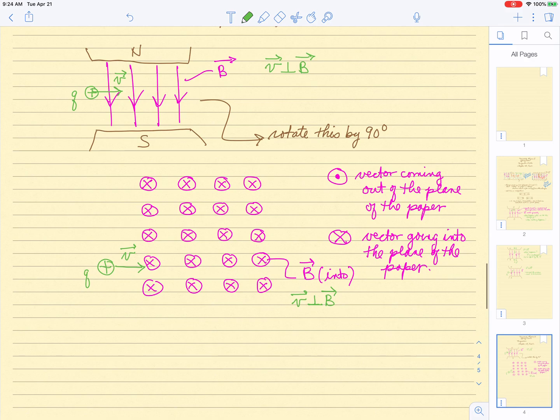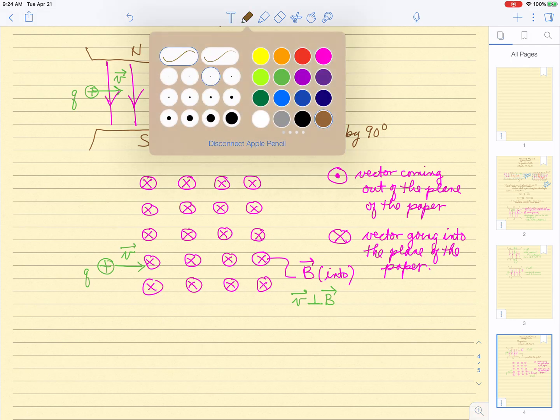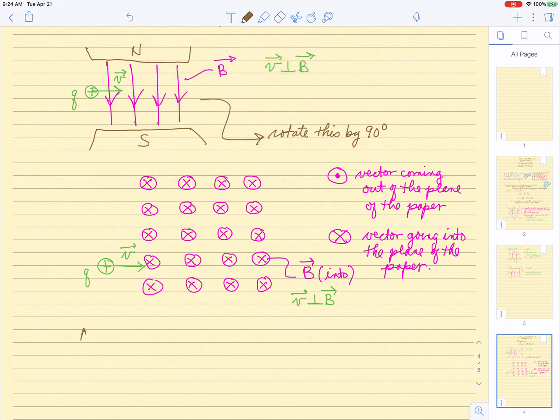Now, you have to appreciate what it is that we're after here. We're after the force law of charges in magnetic fields.